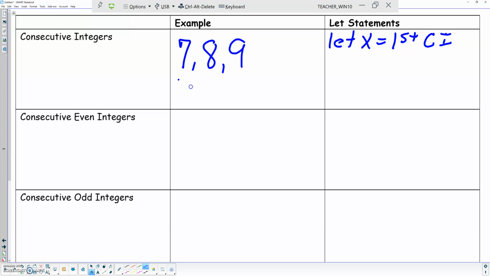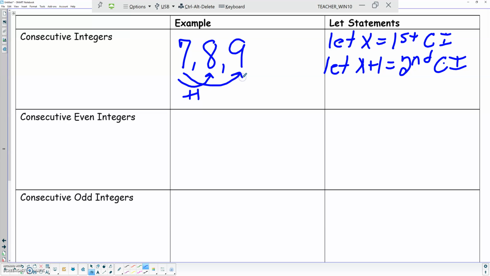To get from 7 to 8, we're just adding 1. So x plus 1 is going to represent the second consecutive integer. And then to get from 7 to 9, we're adding 2. So x plus 2 represents the third consecutive integer.